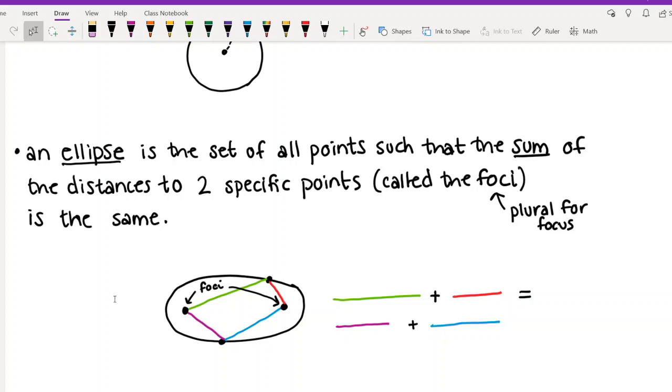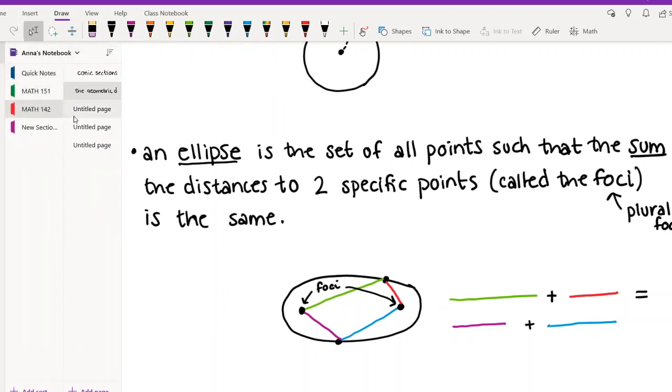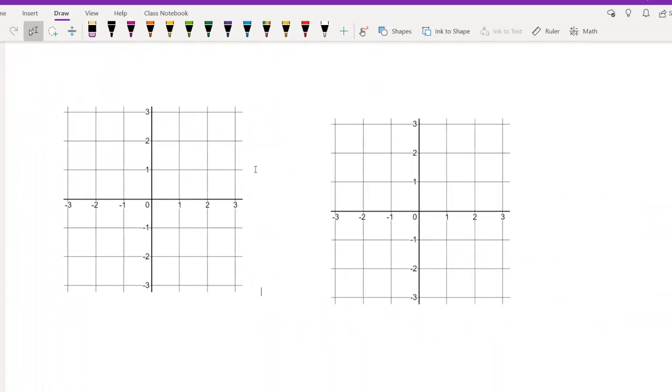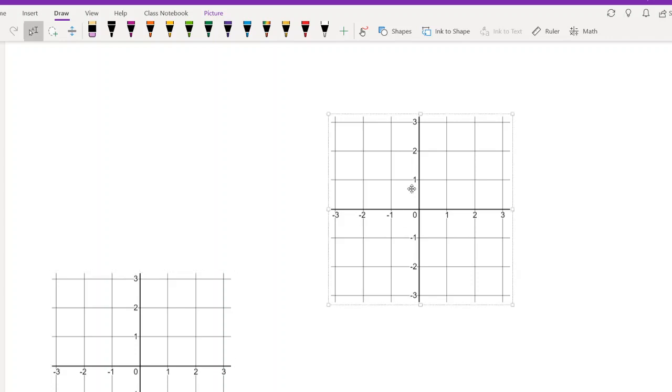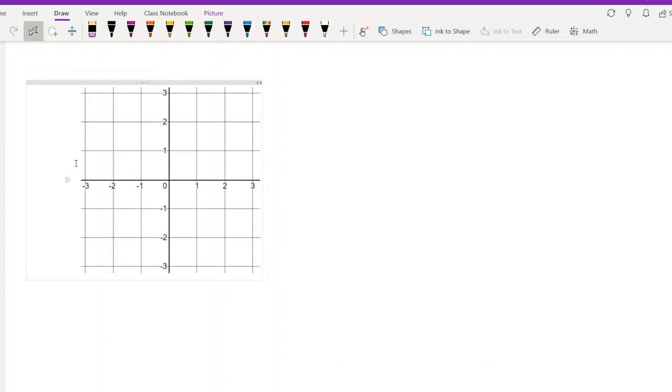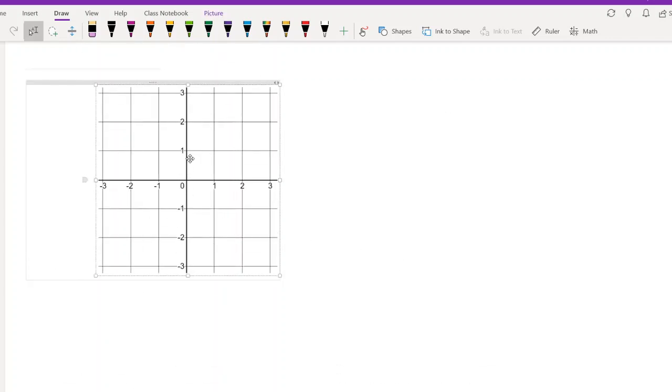Okay, so the next thing we're going to talk about, and this is kind of the most important part of this video really, is graphing ellipses and basically what their equation is. So I want to start by reminding you of what the equation of a circle looks like.